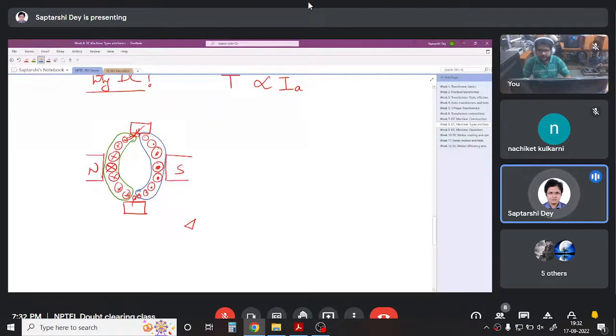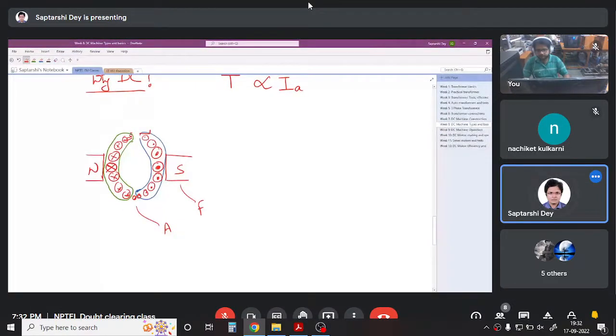So from here, can you tell me what will be the direction of the magnetic field produced by armature? Forget these blocks. It's understandable, right? This is armature, this is field.